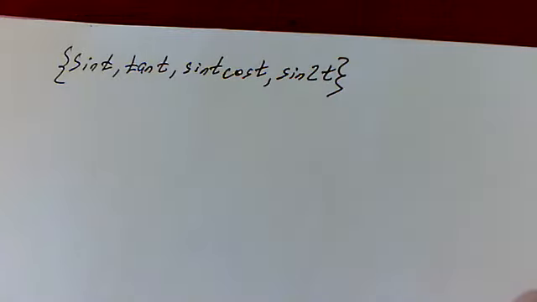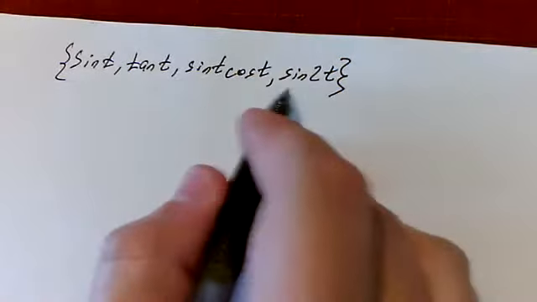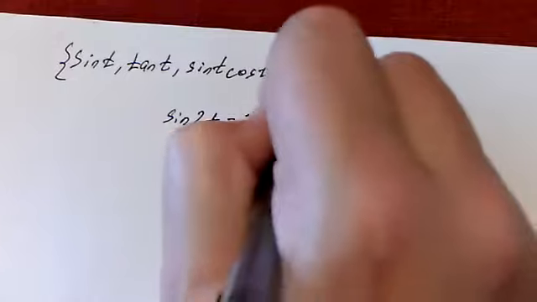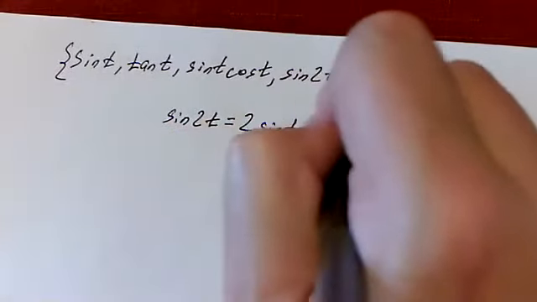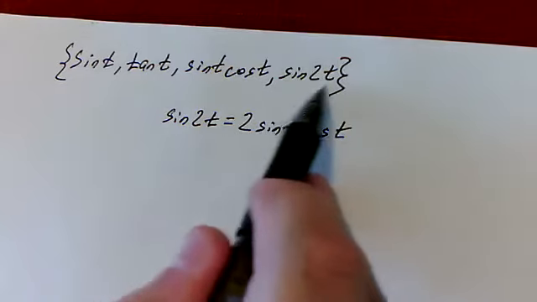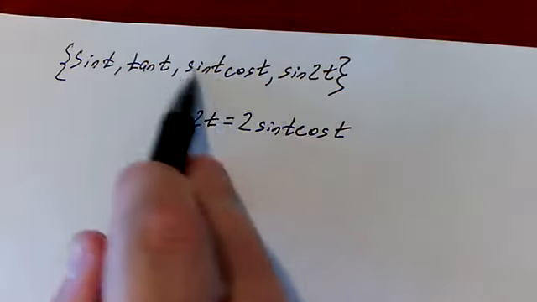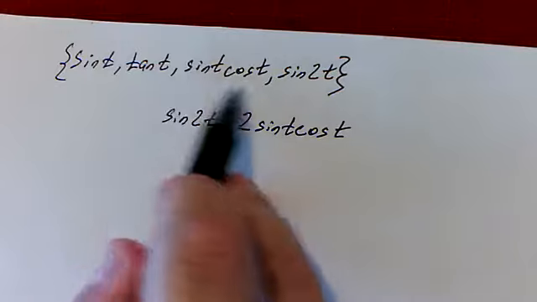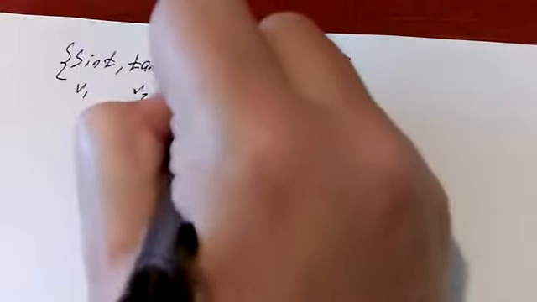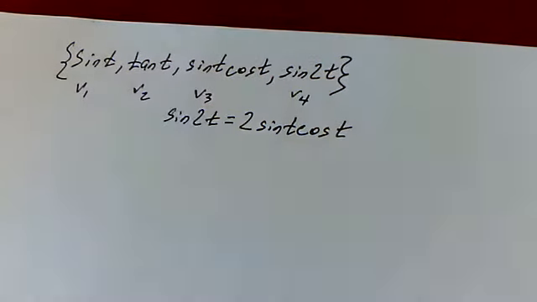Well, it's important to notice that sine t and sine 2t have an identity that relates to them. Sine 2t is the same thing as 2 sine t cosine t. So what that means is this fourth vector is actually a multiple of this vector. Let's label these vectors v1, v2, v3, and v4.